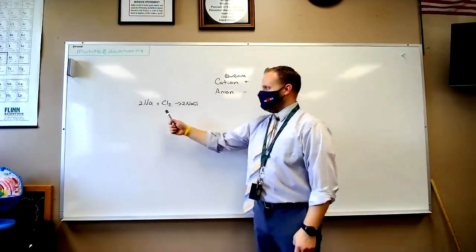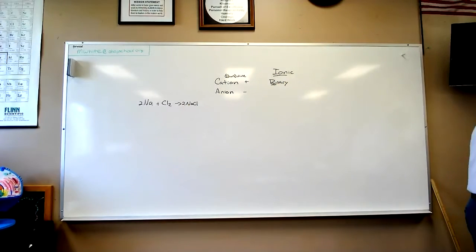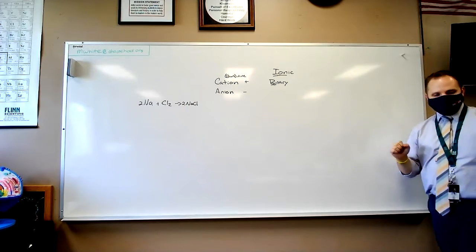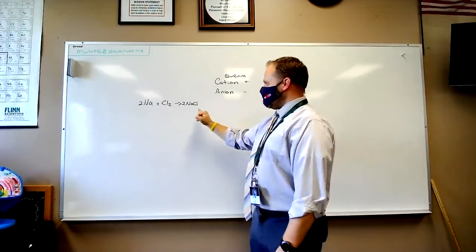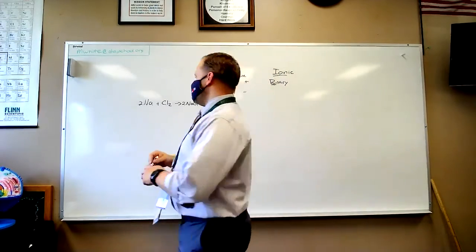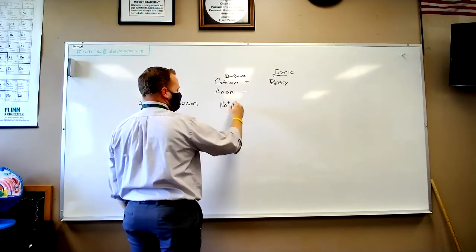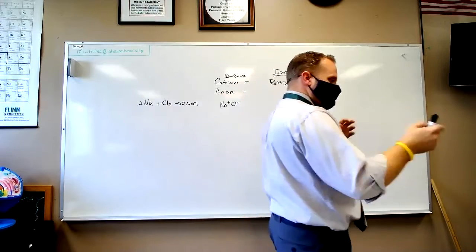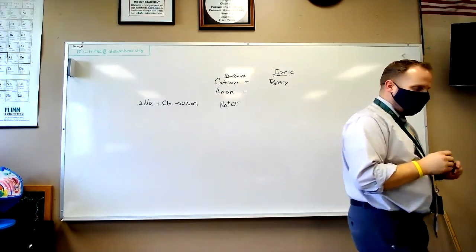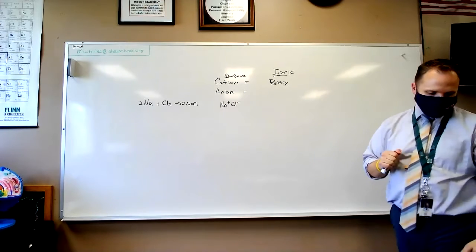Chlorine wants that electron bad enough to actually physically take it from sodium. That electron will no longer be associated with sodium. It will associate itself with chlorine, which means we have Na plus and Cl minus. And because they have these opposite charges, they attract each other.